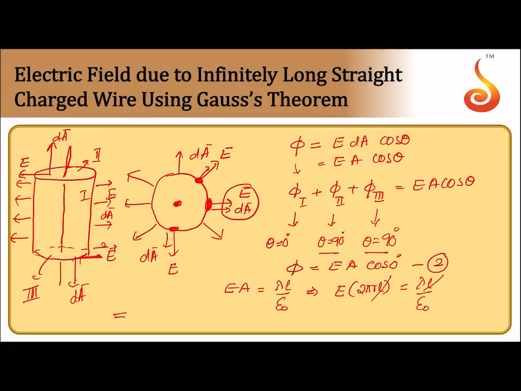And from this, do we have the expression for electric field as E is equal to lambda by 2 pi epsilon naught r? Yes. So this translates to the equation of the following form. So the electric field is given by E is equal to lambda by 2 pi epsilon naught r.